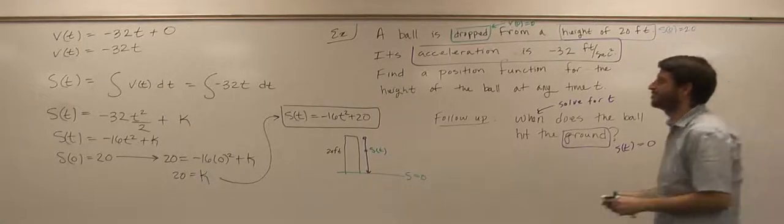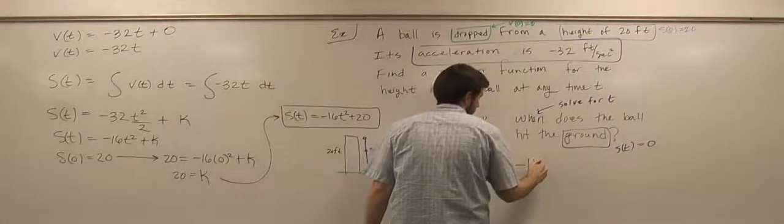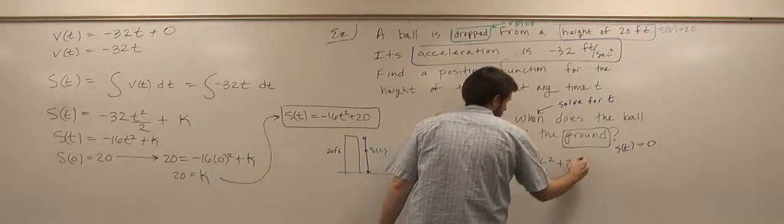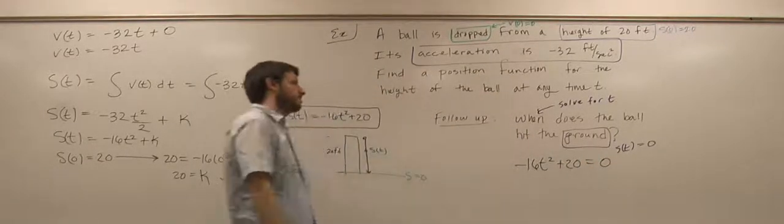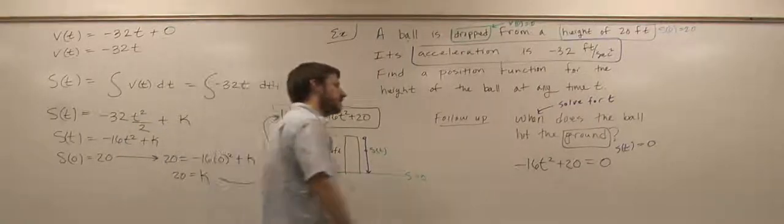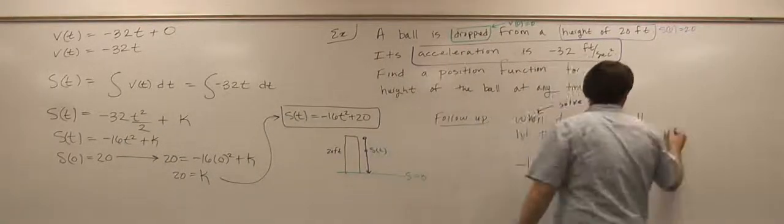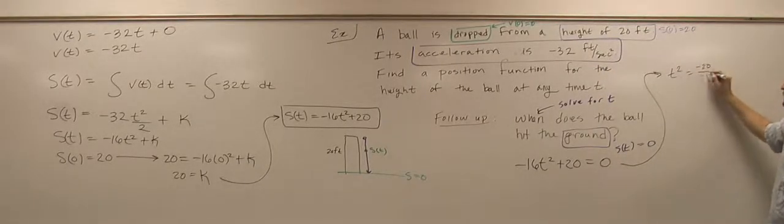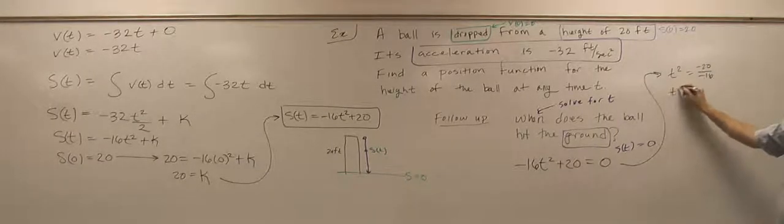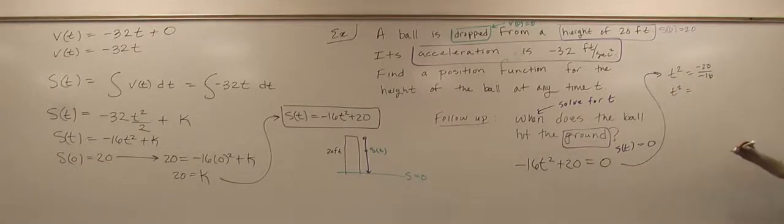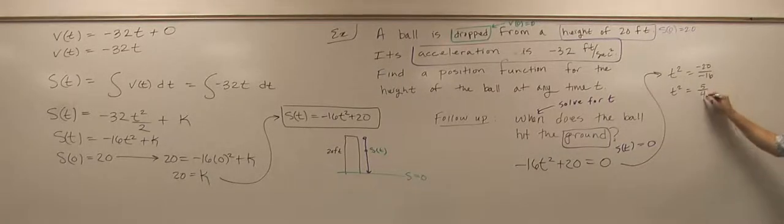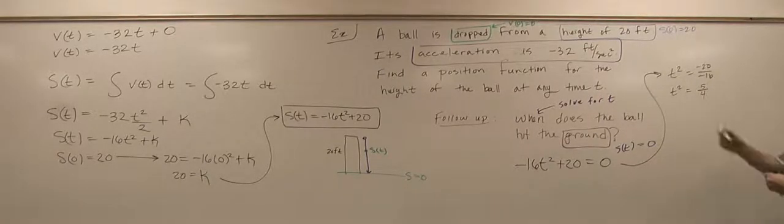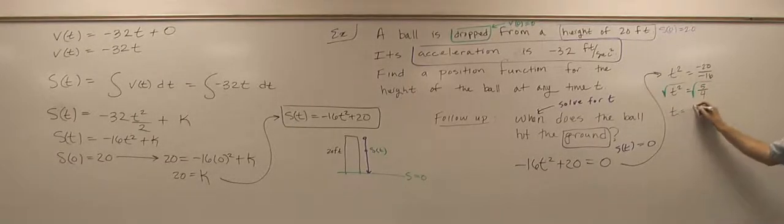So you do it. Subtract the 20, divide by negative 16. T squared equals negative 20 over negative 16. T squared equals 5/4 if you reduce. Square root. T equals plus or minus root 5 over 2.